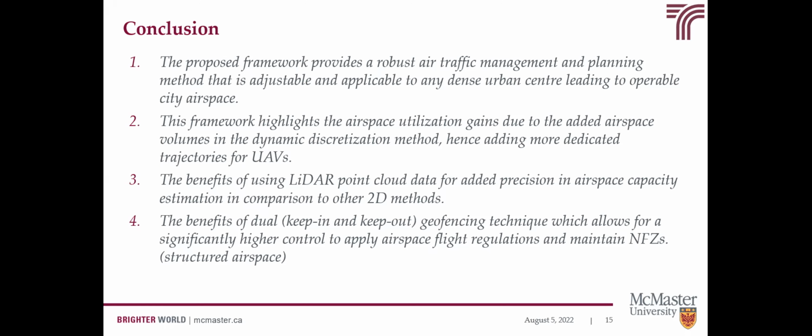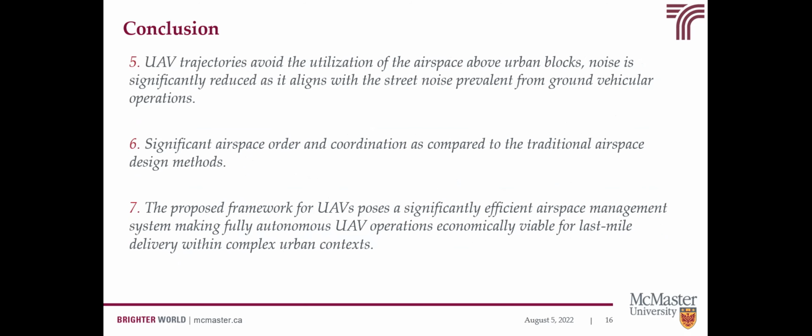The benefits of using the LiDAR point cloud data as opposed to a very plain 2D method are, of course, that it gives you a realistic flight path rather than a suggested or hypothetical flight path. There are the benefits of the dual keep-in and keep-out geofencing technique, which adds more layers of safety.